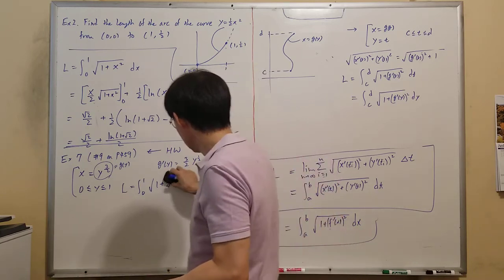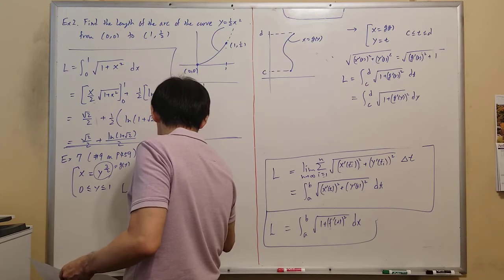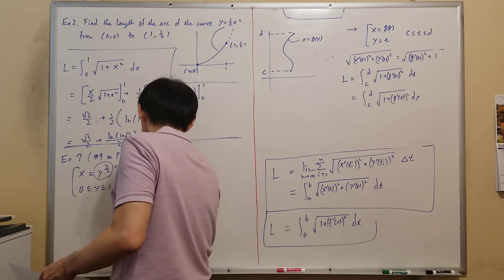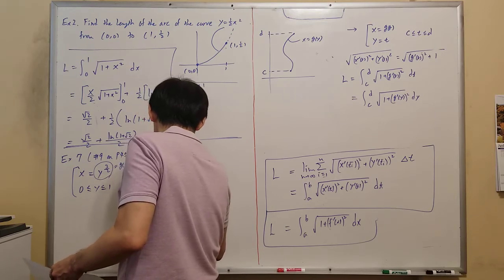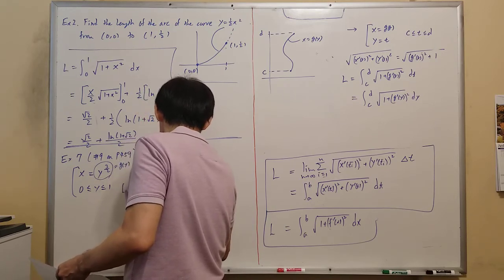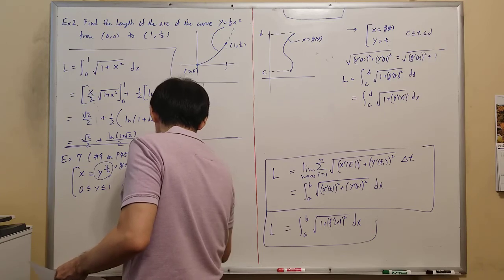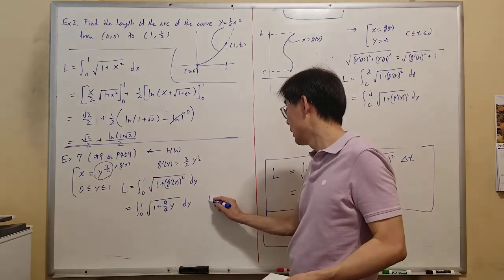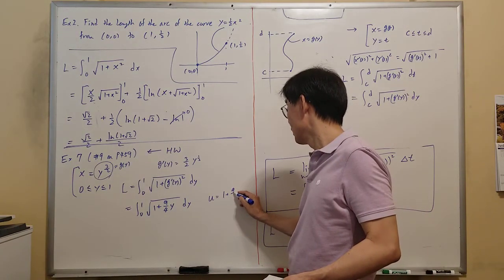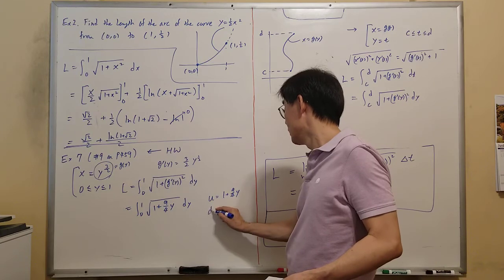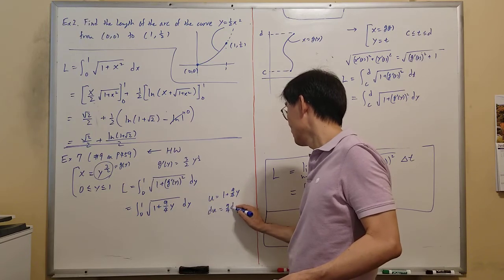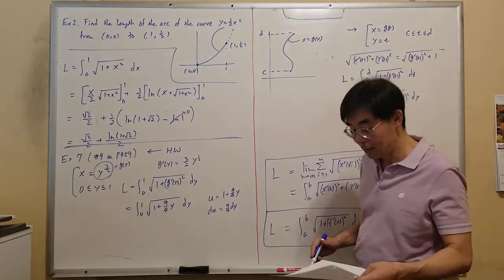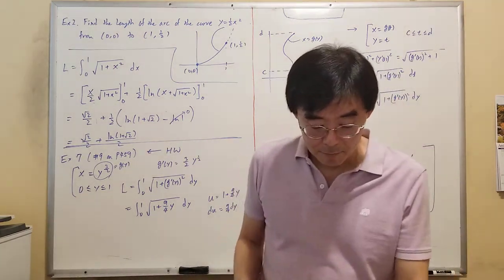I'm going to just write it, dy: integral from 0 to 1 of the square root of 1 plus 9 over 4 times y. This is it. You just have to calculate this definite integral. That's an easy integral. If you let u equal 1 plus 9 over 4 y, du equals 9 over 4 dy. So you can change it to integration with respect to u. Okay? Alright.